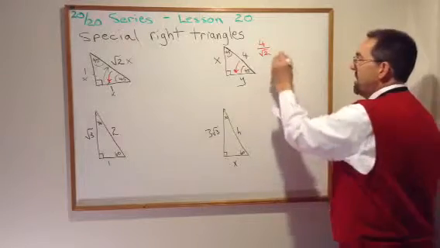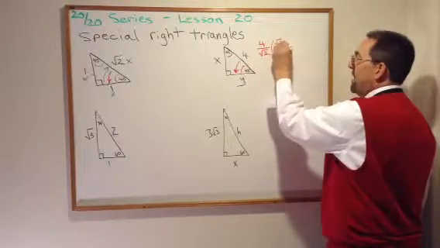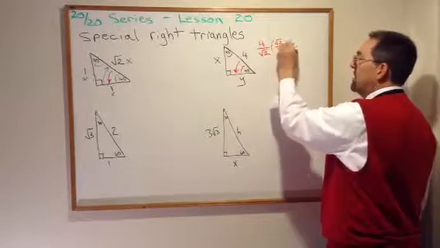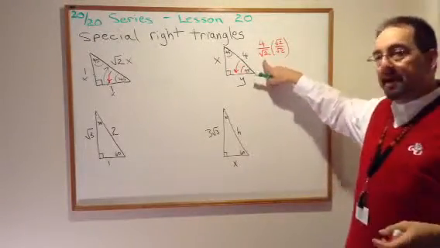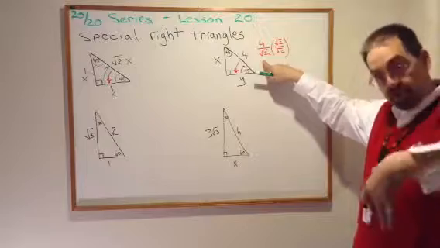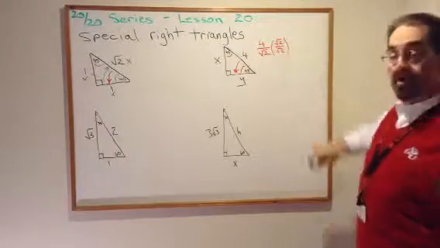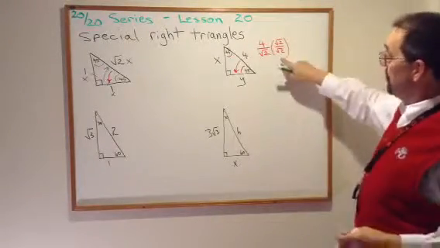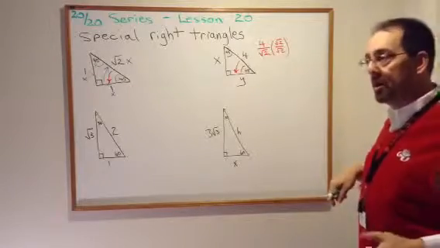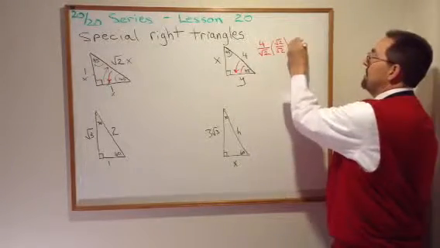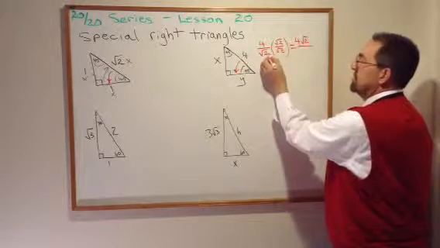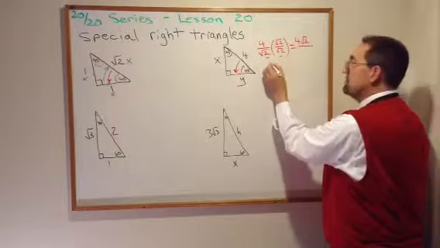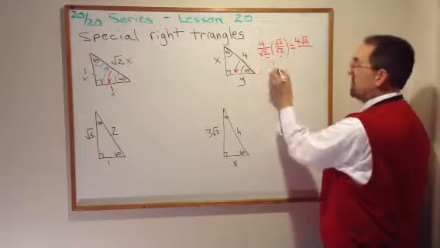Now, we have to remember, in math, we don't like radicals. We don't like the square root sign in the denominator, so we rationalize it. Square root of 2 over the square root of 2 is just another name for 1. We multiply this out. 4 root 2 over the square root of 2 times the square root of 2. That's the square root of 4, which is 2.